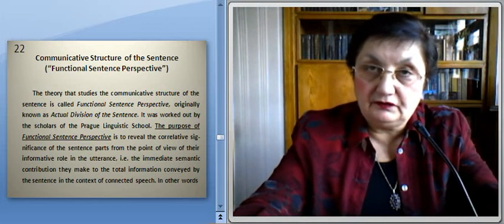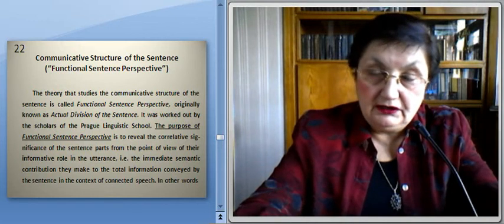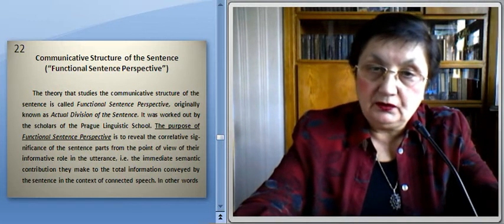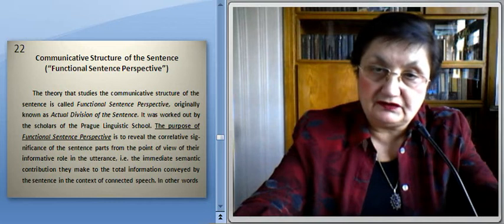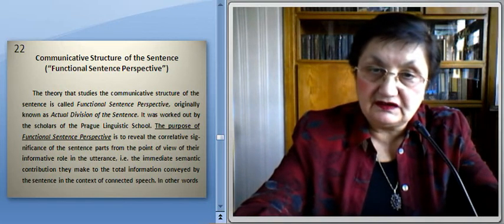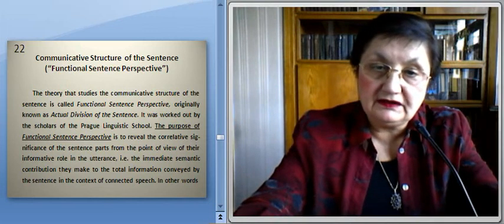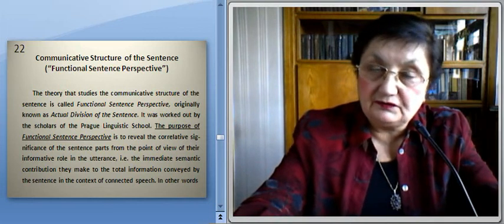The purpose of the functional sentence perspective is to reveal the correlative significance of the sentence parts from the point of view of their informative role in the utterance. That's the immediate semantic contribution they make to the total information conveyed by the sentence in the context of connected speech.